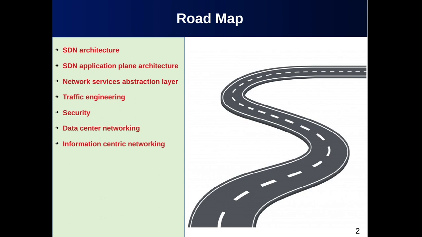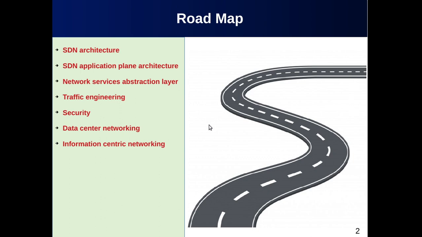After that, we will be focusing on the SDN application plane and the network services abstraction layer, and then we will discuss some applications like traffic engineering, security, data center networking, and ICN, information centric networking. These are some emerging applications for SDN.